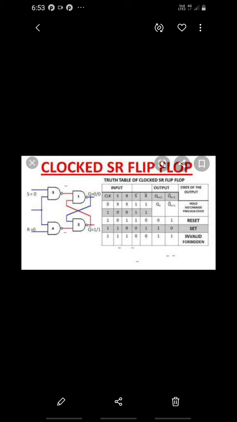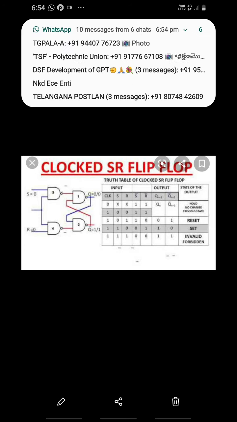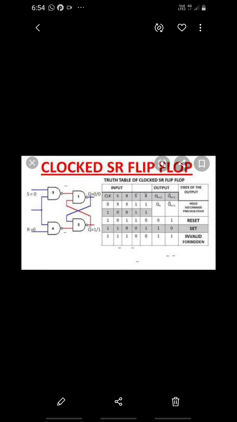If S is equal to 1 and R is equal to 0, then S bar is equal to 0 and R bar is equal to 1. With these inputs, the latch is set to 1 irrespective of its previous state.